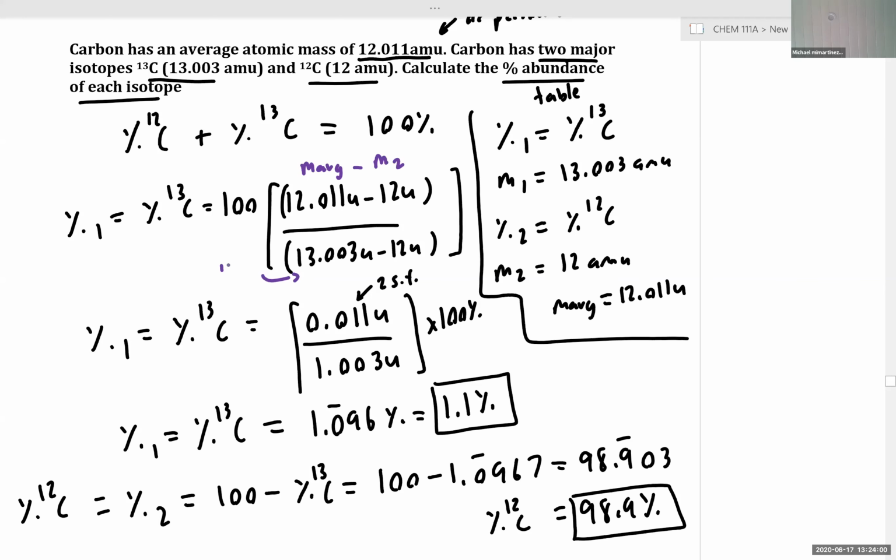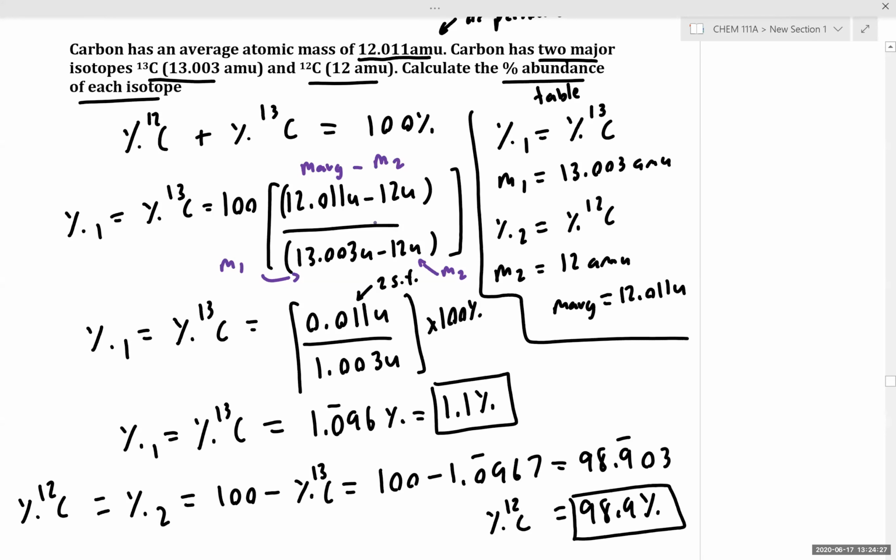Here is the mass of isotope 1, and here is the mass of isotope 2. So in effect, what we're doing is we're subtracting the mass of isotope 2 from the average atomic mass, and then dividing by the difference between the mass of isotope 1 minus the mass of isotope 2.